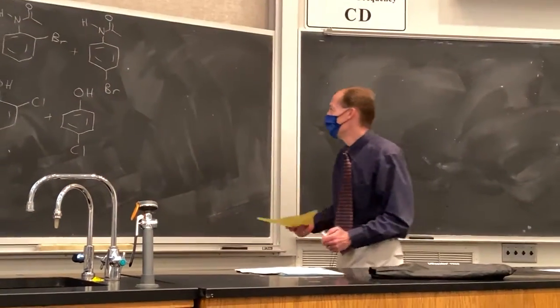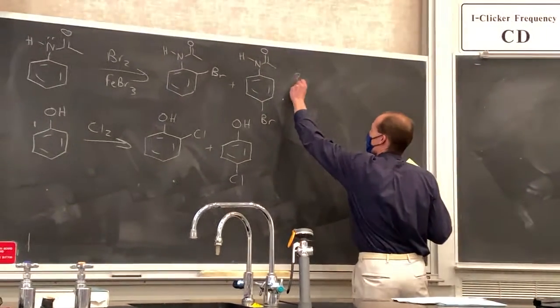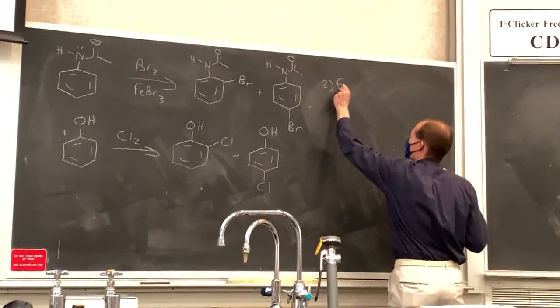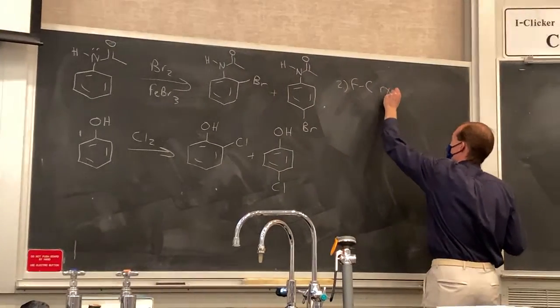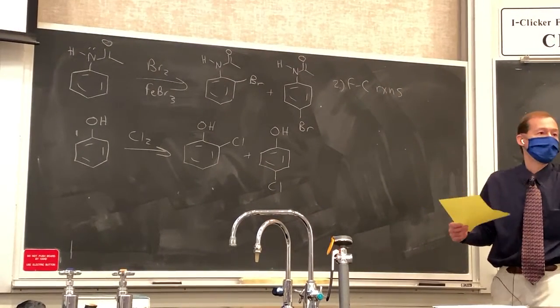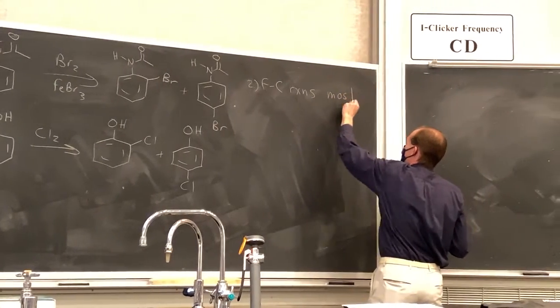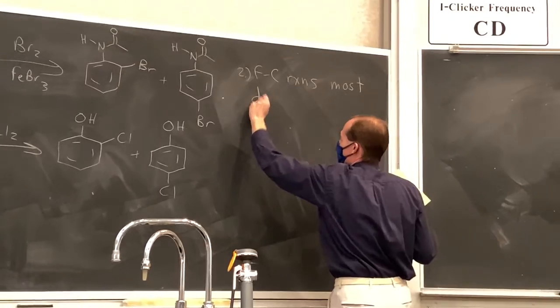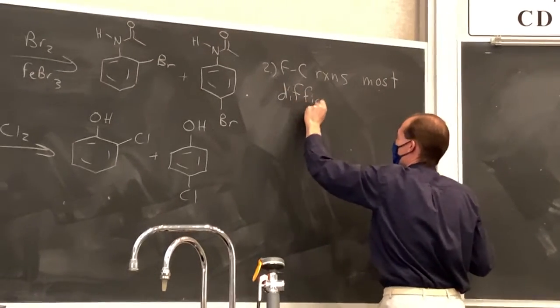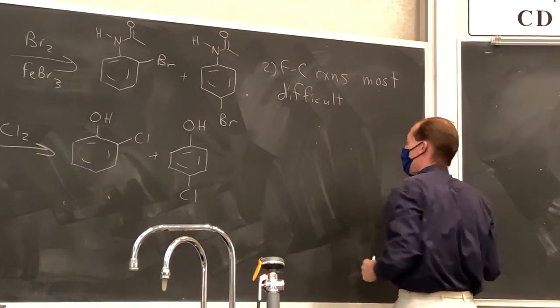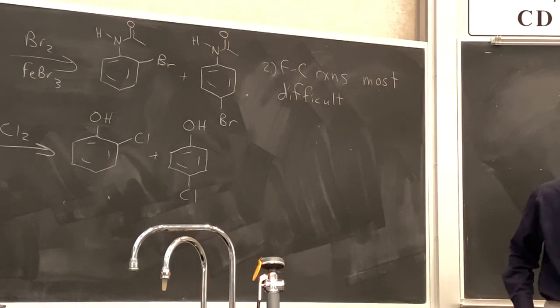All right, so our next limitation is going to come from the fact that our Friedel-Crafts reactions, both the alkylation and the acylation, are the most difficult or the slowest of our electrophilic aromatic substitutions.